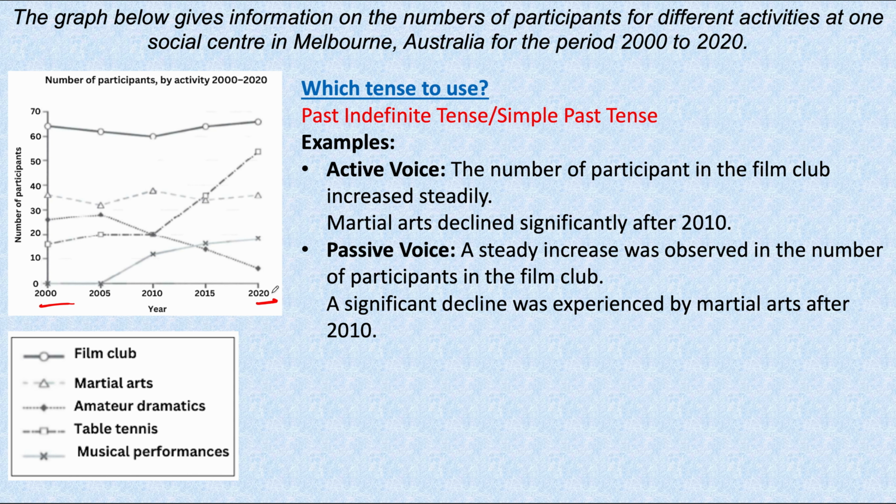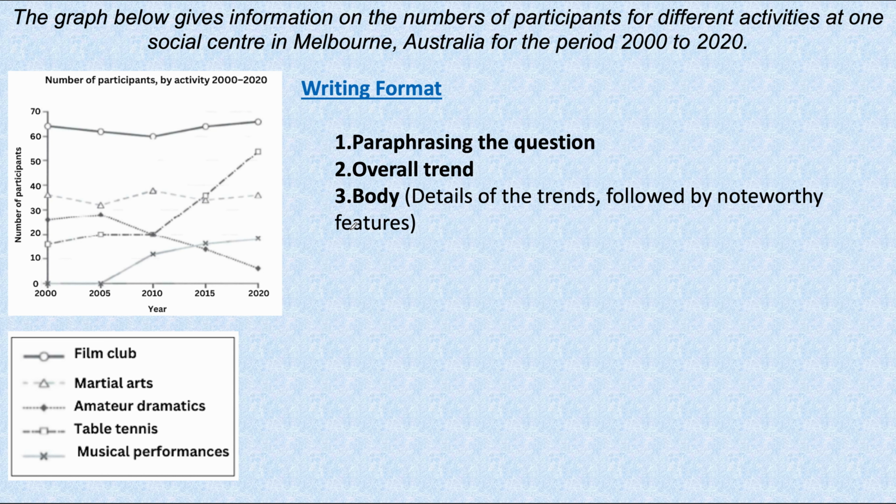Use a mix of active and passive voice. Using a mix of active and passive voice adds variety to your writing. We'll follow this format for writing. We'll first paraphrase the question, then write the overall statement, and then write the body paragraphs with some details of the data, comparisons, and noteworthy features.